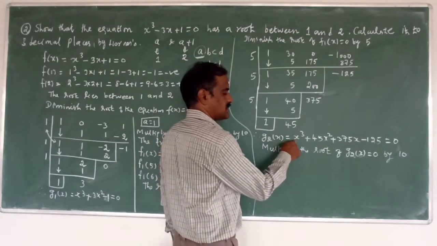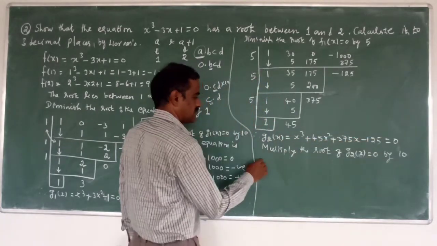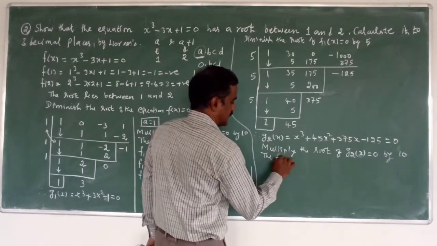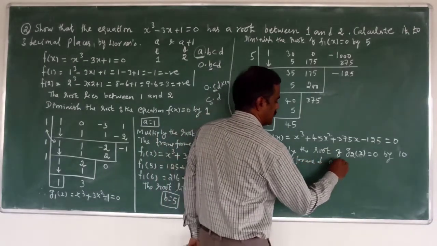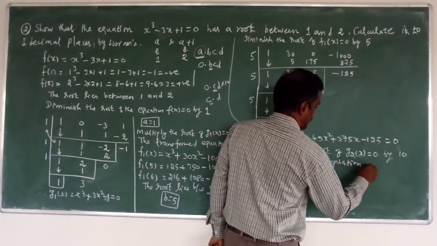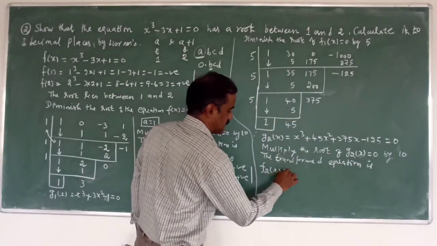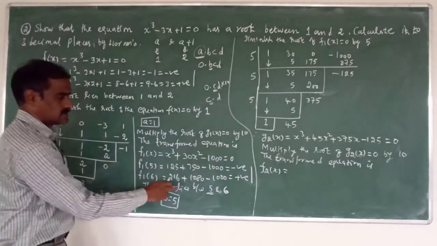This is for 10 power 0, 10 power 1, 10 power 2 and 10 power 3. Now the transformed equation is f2 of x equal to, this is for f1 and this is for f2.